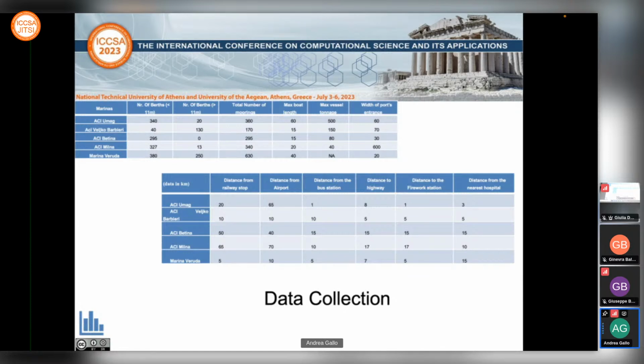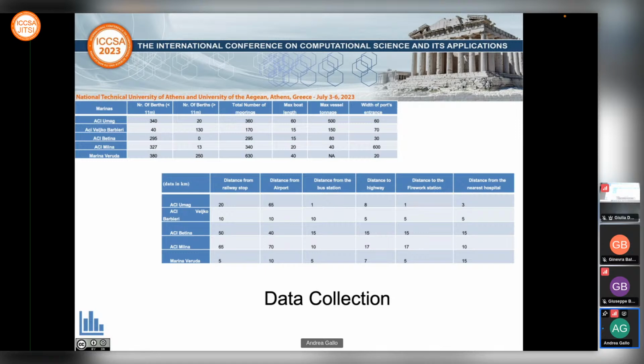So you can see here that we decided to analyze the marinas starting from the number of berths at disposal, the total number of moorings, the maximum boat length that these marinas are able to handle, the maximum vessel and the different tonnage of the boats that could arrive there, the width of the port, and also the accessibility in terms of distance from the main usable services that could be useful for these different marinas.